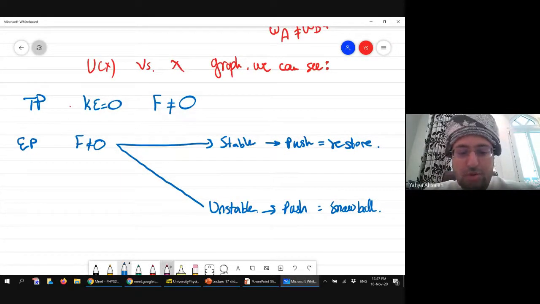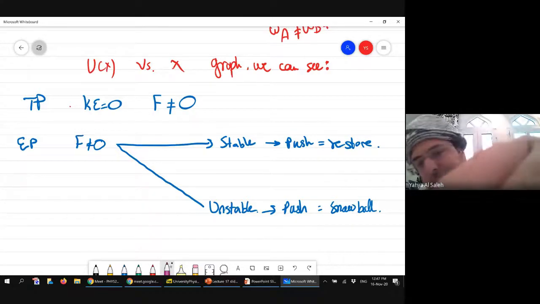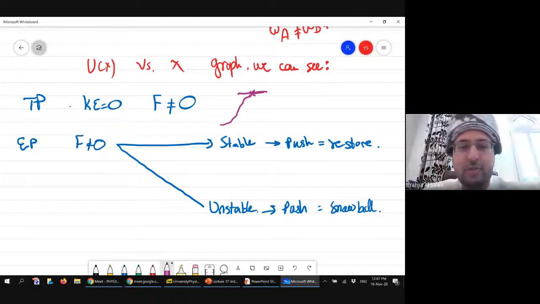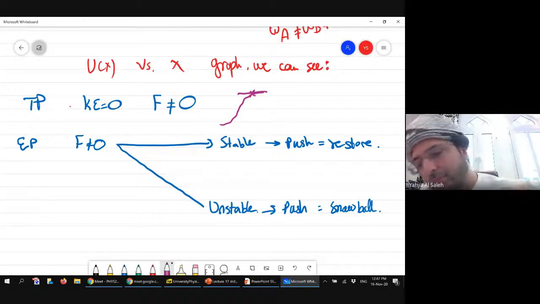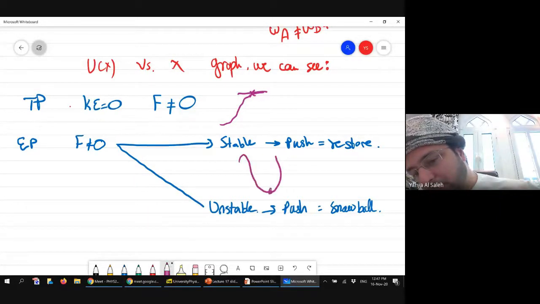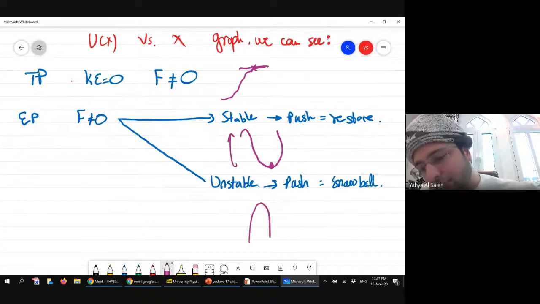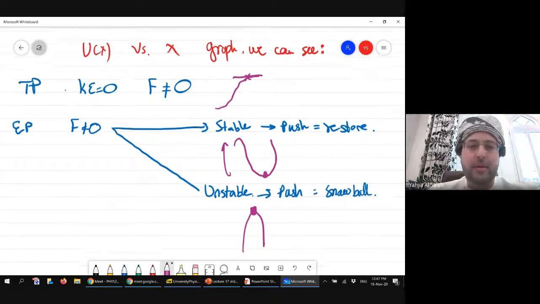Okay, what do they look like? This point is a turning point. This point is a stable equilibrium. This point is a non-stable equilibrium.